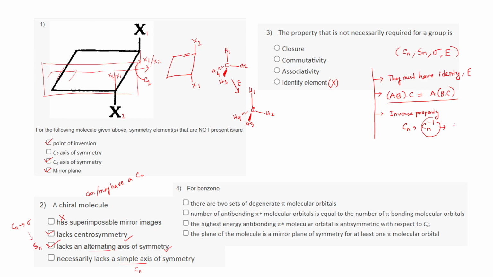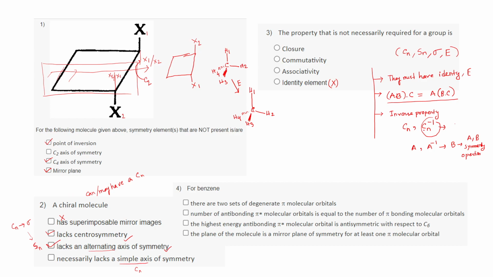So this is going to be another symmetry operation. If you have a symmetry operation A in a group, then you should also have A inverse, which is another symmetry operation B. So these are all symmetry operations.